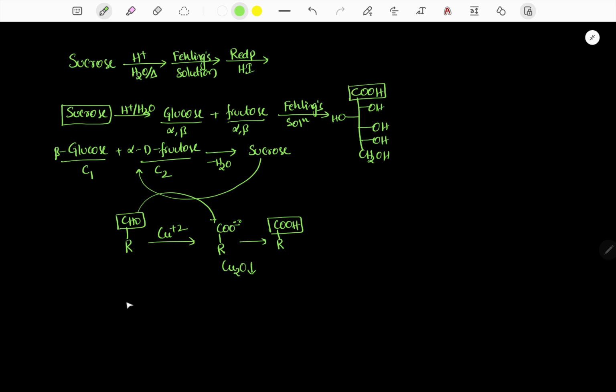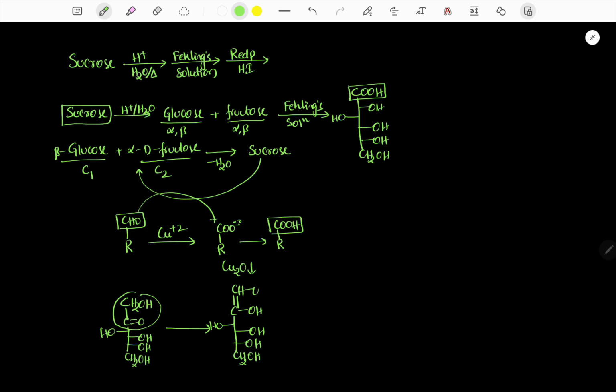But when it comes to fructose, fructose does not undergo oxidation directly. So initially what happens here, tautomerism is possible, and because of tautomerism it forms enediol. It is called enediol.